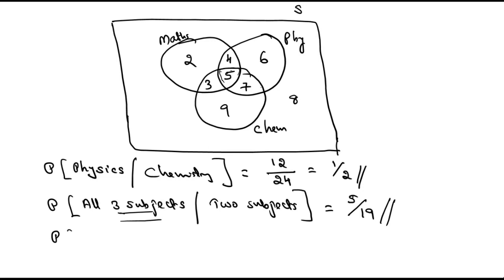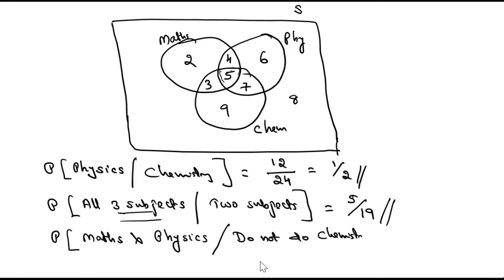Now another question. Suppose the probability of maths and physics students, maths and physics is taken, given that they do not do chemistry. Chemistry is not taken, but be careful here. Do not do chemistry means this is your chemistry part, except this, all the remaining is given.